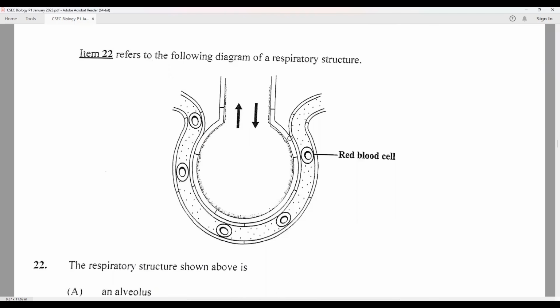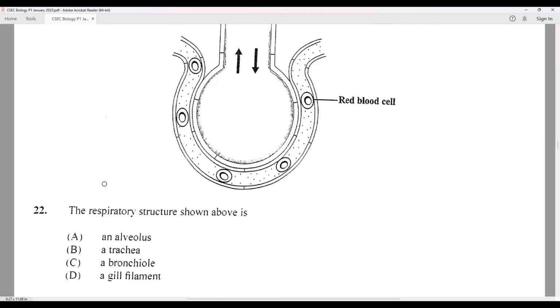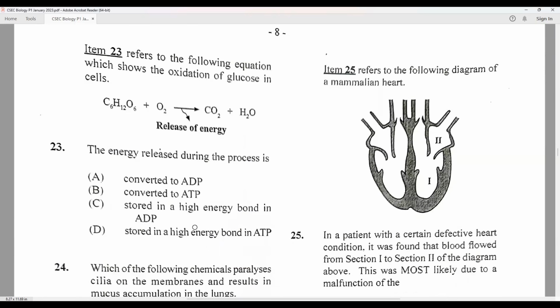Item 22 refers to the following diagram of a respiratory structure. We have air coming in and out, and we have a capillary running right next to it. The respiratory structure shown above is an alveolus, so another name for it is air sac. 23 refers to the following equation, which shows the oxidation of glucose in cells.